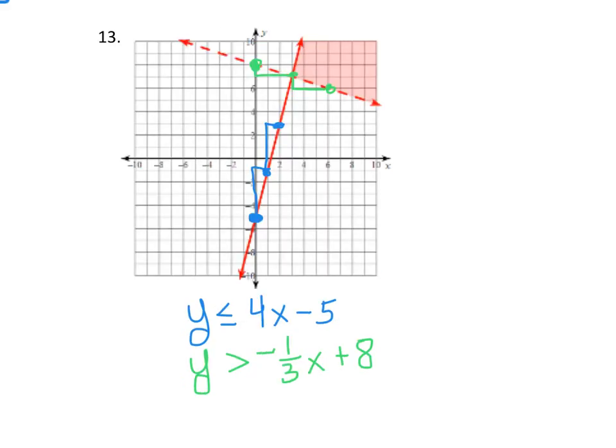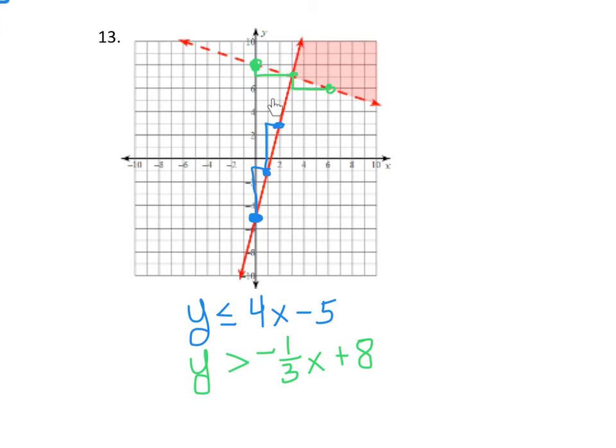Okay, so for this graph, my first line, I went ahead and I wrote an equation for this solid line right here. Since this line is solid, I'm going to use a greater than or equal to or less than or equal to symbol. And I have to look to see where this is shaded. Since this is a positive slope and the shaded area is to the right of the positive slope, I'm going to have to use the less than symbol.